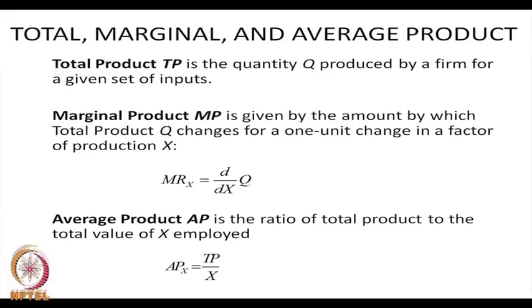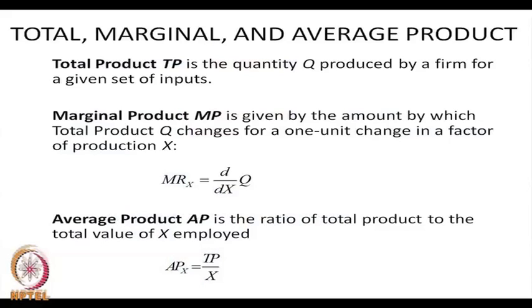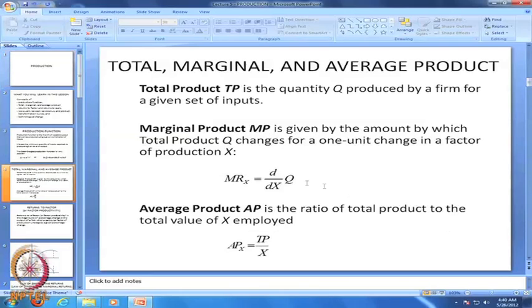Marginal product, on the other hand, is the first differentiation of total product with one of the factors. In this case, I have given an example of only one factor, let us say x is a factor, there can be many other factors. Then the marginal product is given, I am sorry, this should have been MPx rather than MRx.